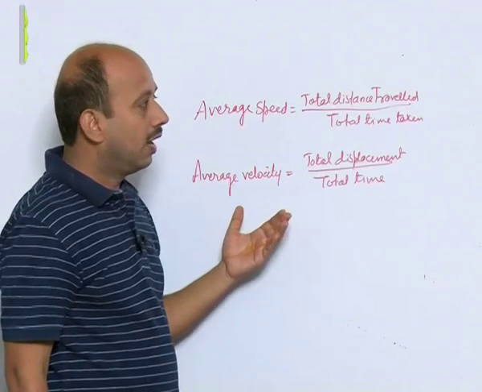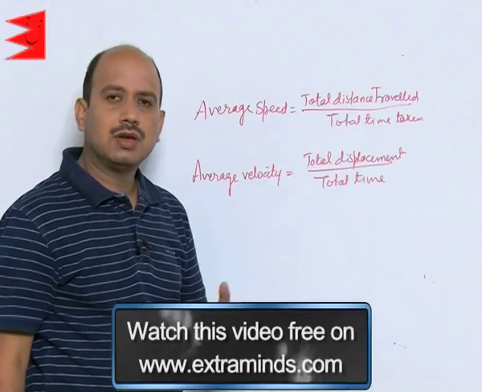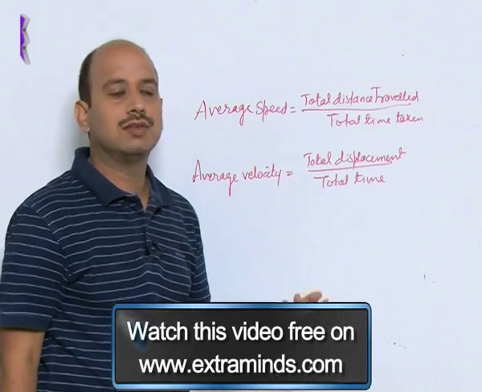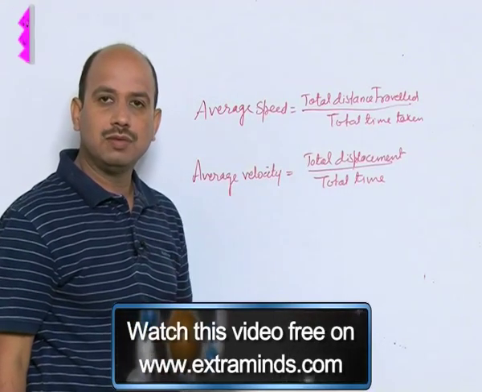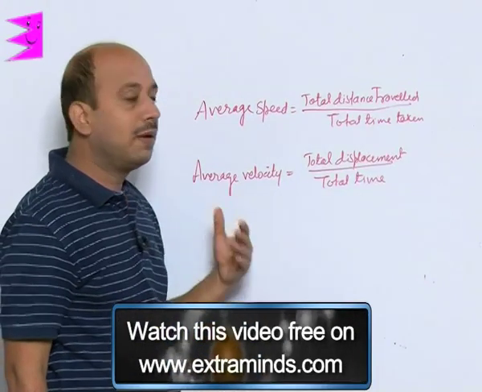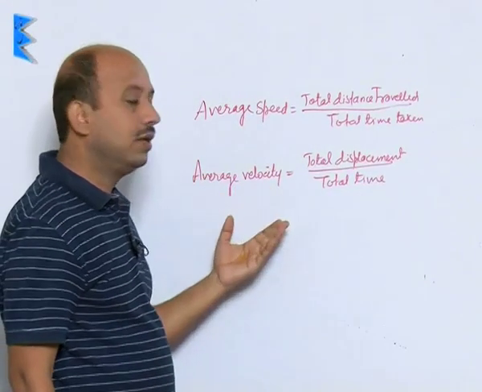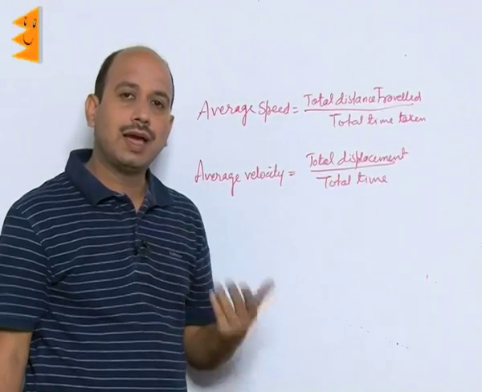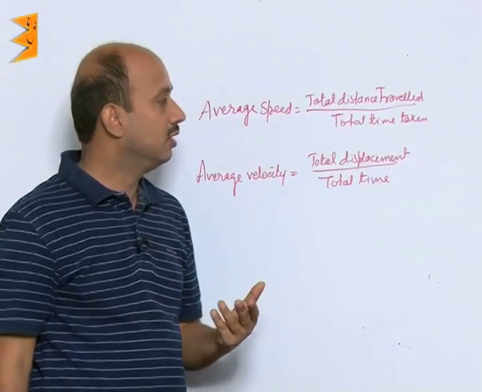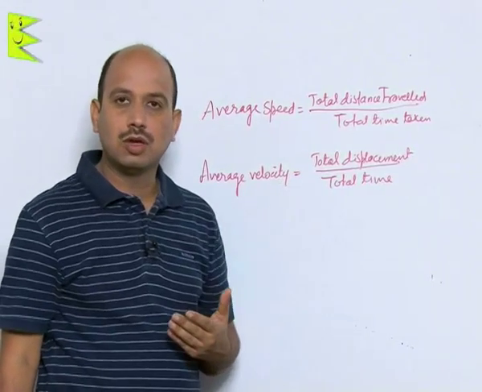As I have told, both are measured in meter per second or in kilometer per hour. You can say this for average speed and average velocity, or speed and velocity. Now we will take examples of average speed, average velocity, and speed and velocity. How do we calculate these in different cases? Now, we will study in examples.